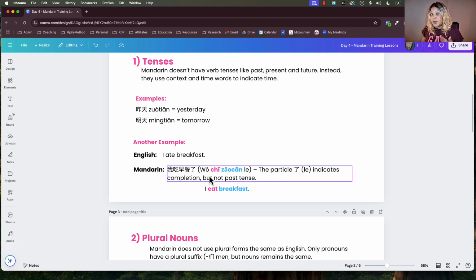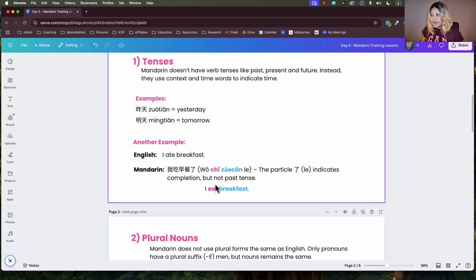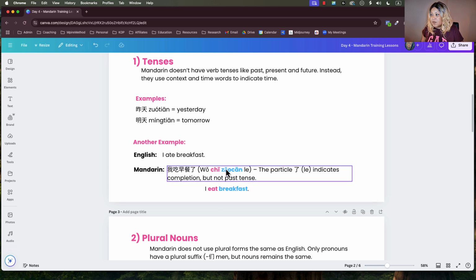It indicates completion, but not past tense. So it just says it's done. Like I eat breakfast, done. I ate breakfast was basically saying I ate breakfast already, or I eat breakfast, done. So it's already done. That's what the le is telling us.